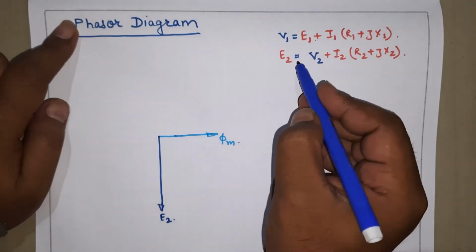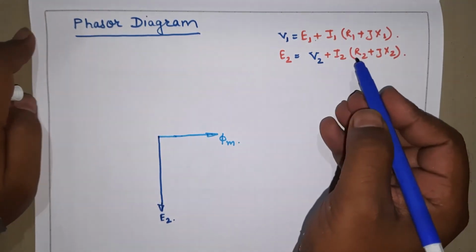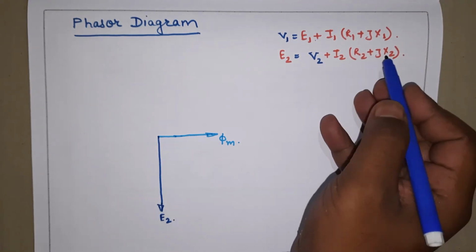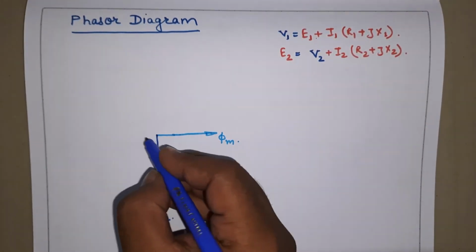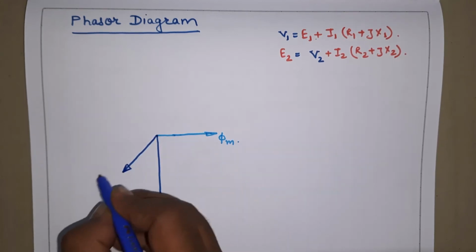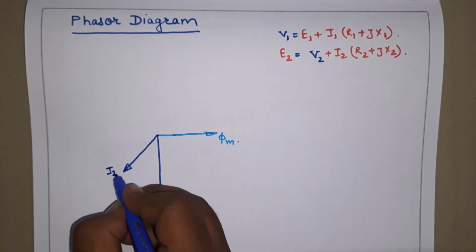And you could very well understand from this equation that this is an inductive current, that is an inductor is present, so the current will definitely lag. So this will be I2.